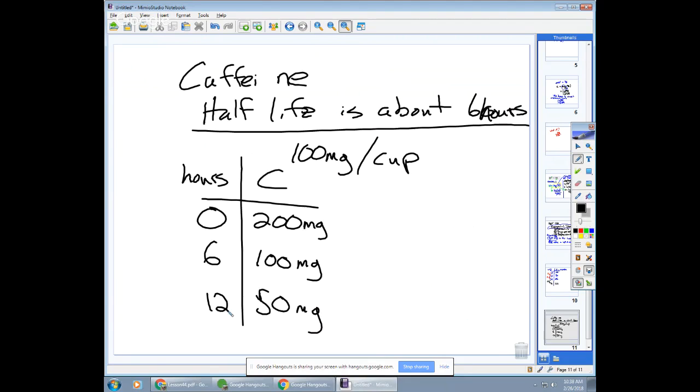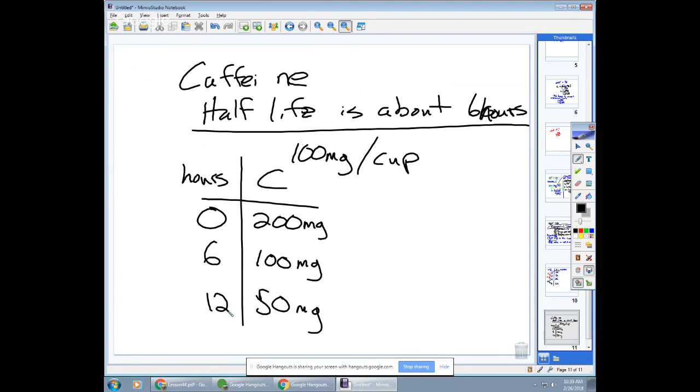That's going to put her up around 400 or 500 milligrams of caffeine. If she's at 500 milligrams of caffeine, 6 hours later, how much is she going to have? 250, whatever half of that is, right? And that's the bottom line, is whatever half of it is, right? So that's the important idea.